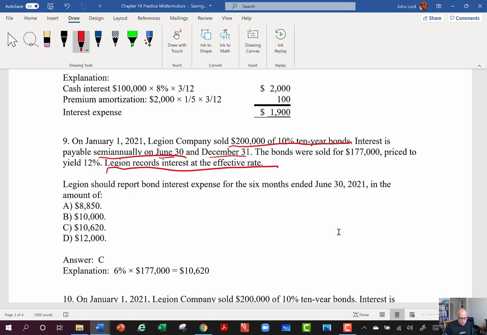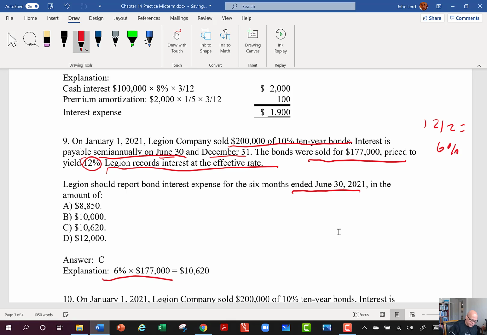you to build up some comfort with here. Definitely you got to do that. Okay, so the bonds were sold for $177,000, and they're asking me for that first semi-annual interest expense, so I pick up what? Market rate, 12% divided by 2 gives me 6%, right?